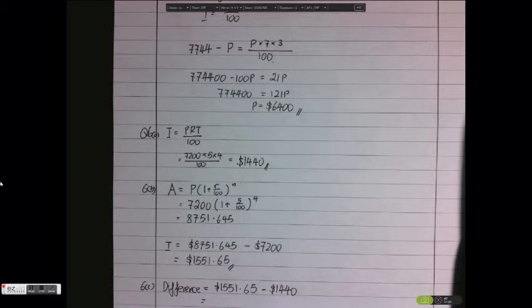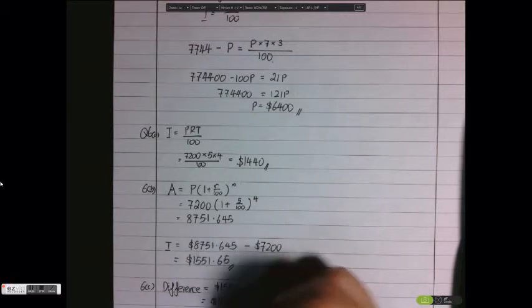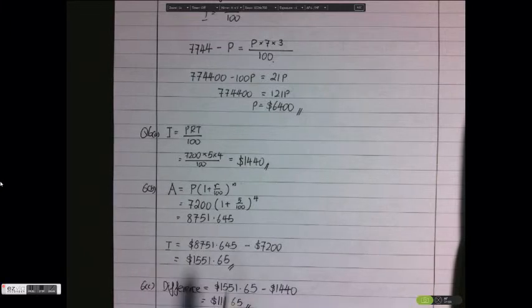My difference in this case is 111.65. So if you had saved using compound interest, you will actually save more money in the long run. In this case, Mei Yi has saved $111.65 more by saving in a compound interest account. And thank you for watching.